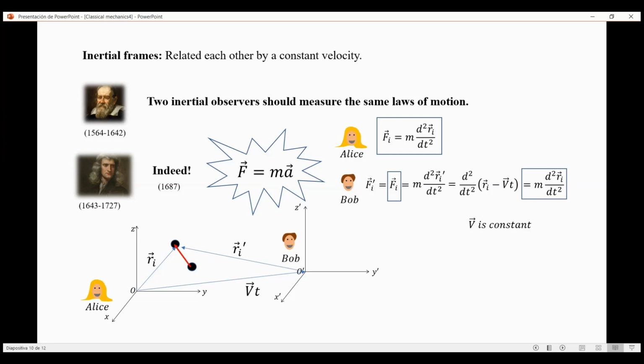So as we see using Newton's second law, the two inertial observers, Alice and Bob, measure the same equations of motion. And here is the proof. The equations of motion are the same in all inertial reference frames. Therefore, two inertial observers should measure the same physics.